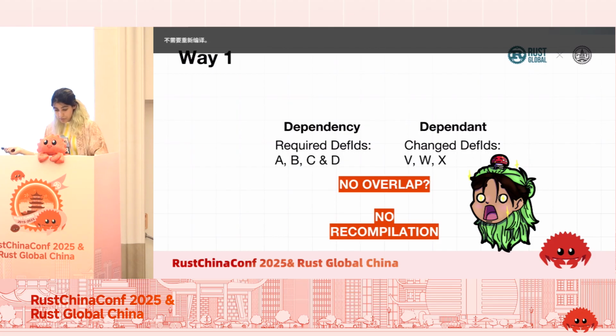In this model, we take advantage of the fact that the dependent module would have to be rebuilt either way in the old model. So we're saving the process of type checking, borrow checking, and code generation, which takes a huge part of the compilation process.